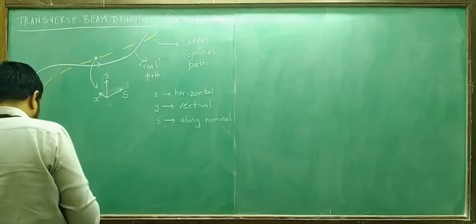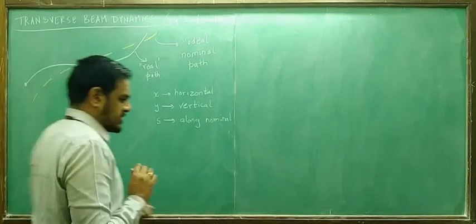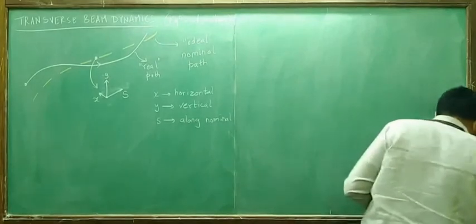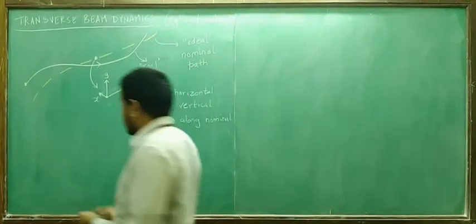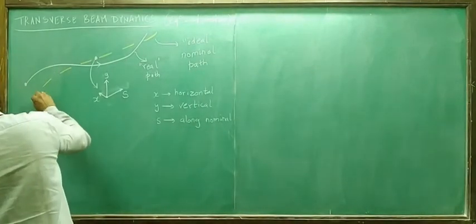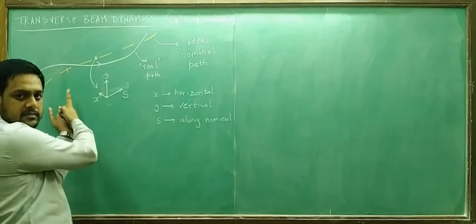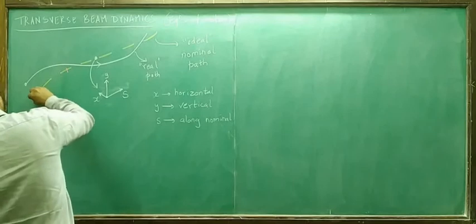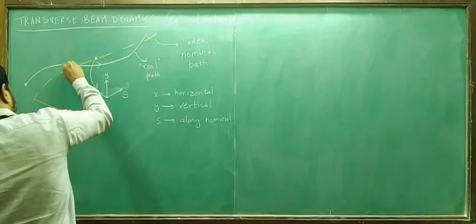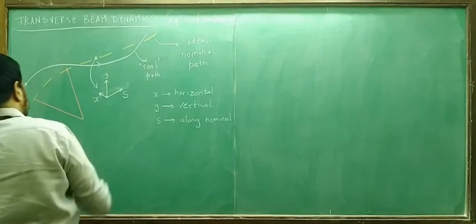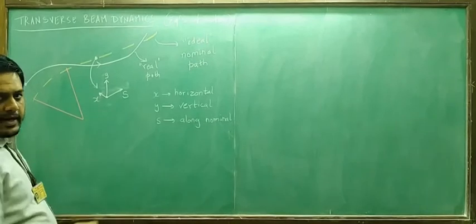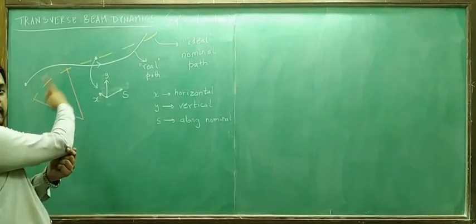Another thing which you will notice about this whole setup is that if you take any section of the nominal trajectory, let us take this particular section, one can see that if you take a small enough section, it appears to be an arc of a circle.